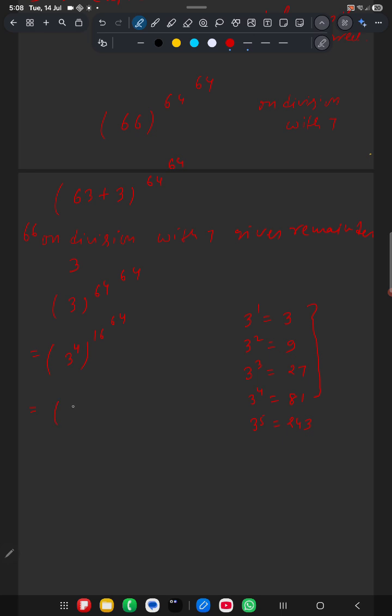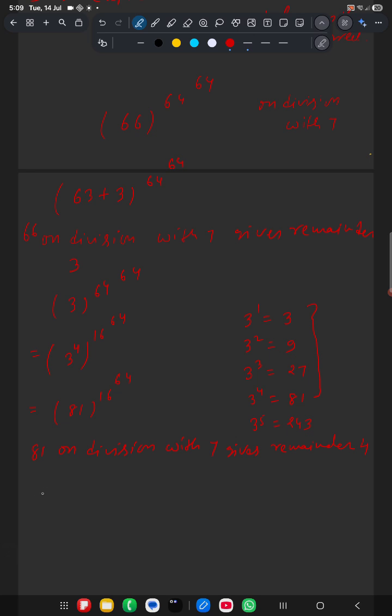So here you will get 81 power 16 power 64. 81 on division with 7 gives remainder 4, because 77 plus 4 is 81. So it is giving the remainder as 4.